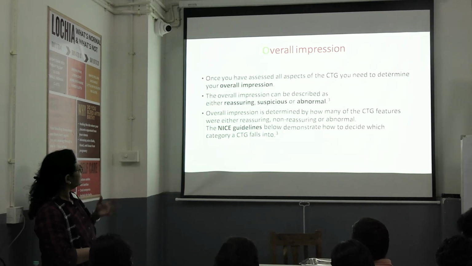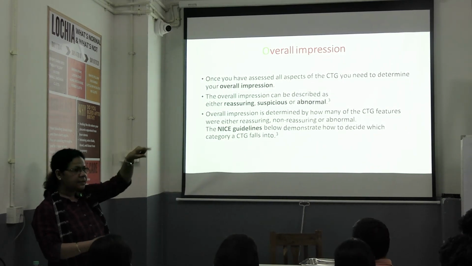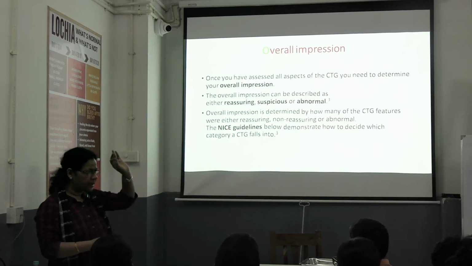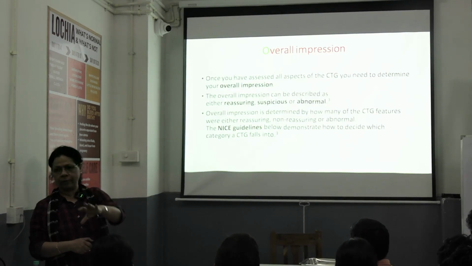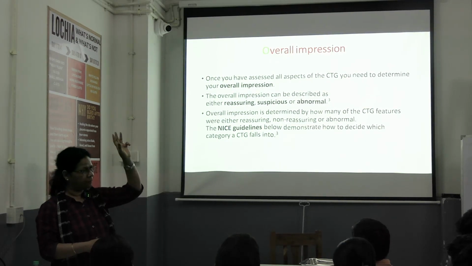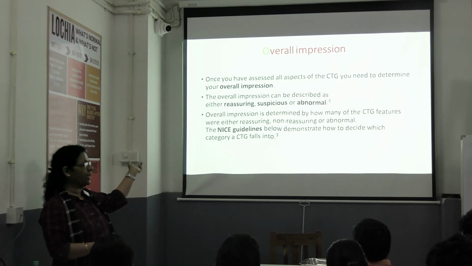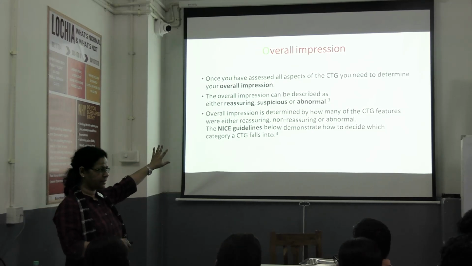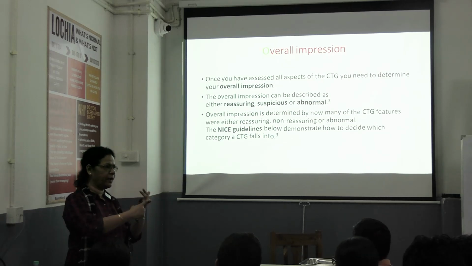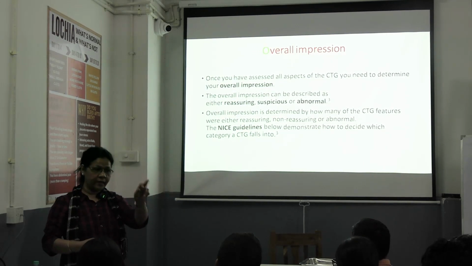This can be present. So the overall impression: you have to state with the CTG whether it is reassuring, suspicious or abnormal. The criteria are the baseline heart rate, variability present or not, reduced variability, typical or atypical, acceleration present or not, and the presence of deceleration.